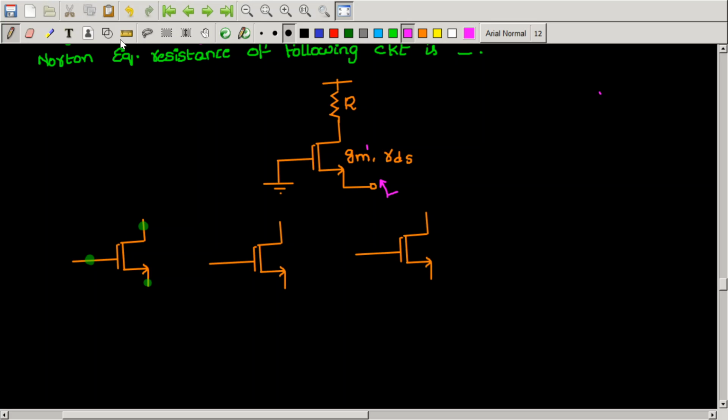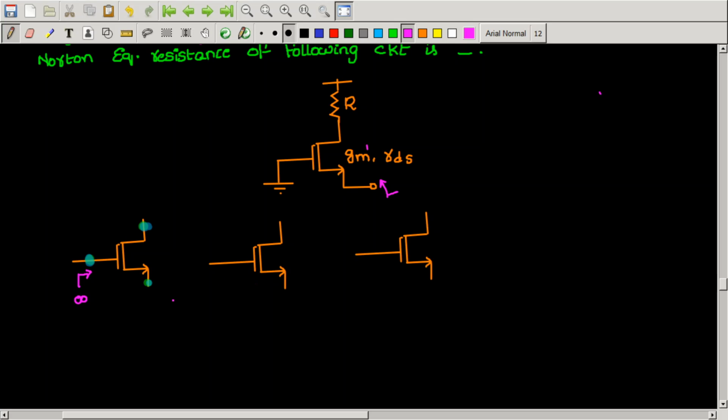You can see that a MOSFET has three terminals: gate, drain and source, right? If you are looking from the gate, the resistance will be infinite because the gate current is always 0.